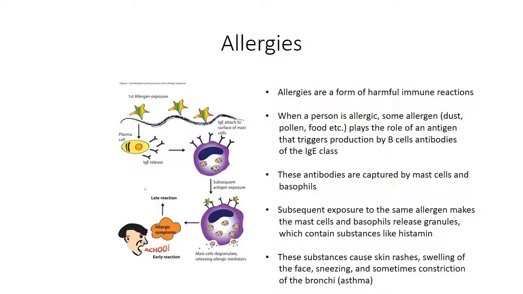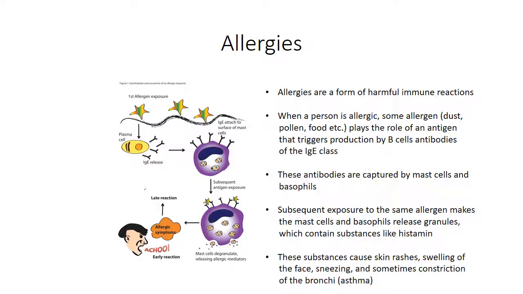And unfortunately, fortunately, because these cells also have useful functions, but also unfortunately, we have some cells that trap or capture these IgE antibodies. They have special receptors for IgE antibodies.